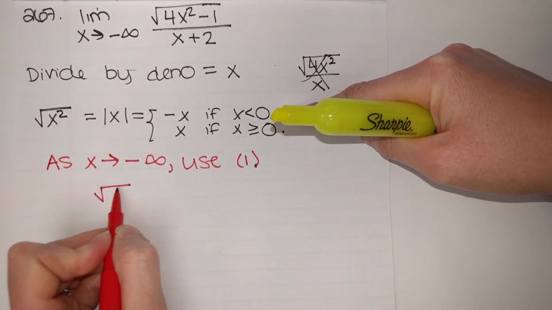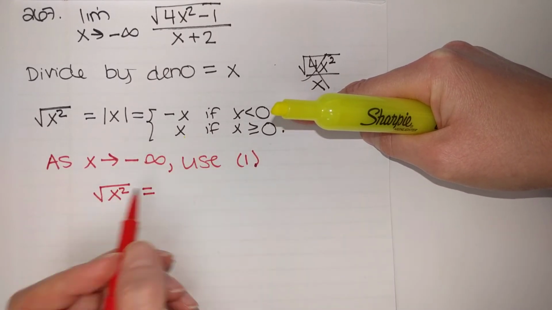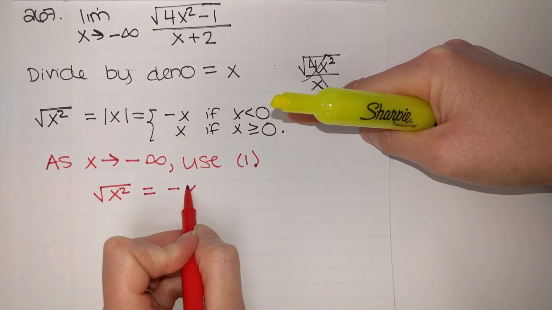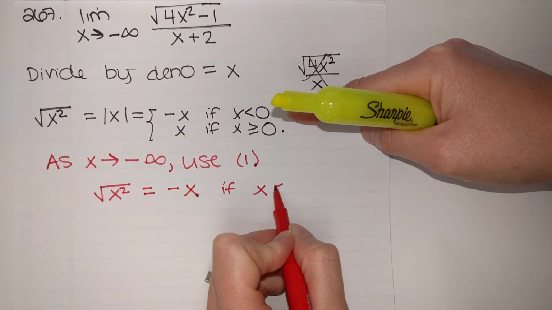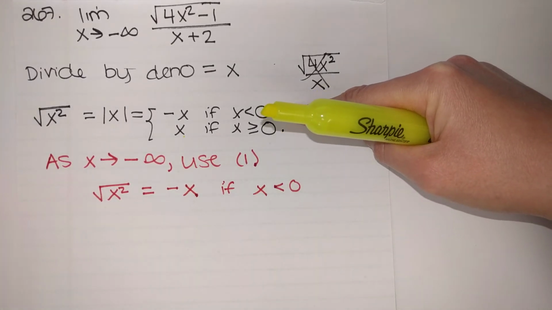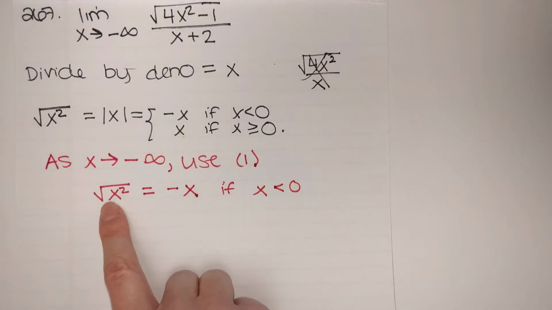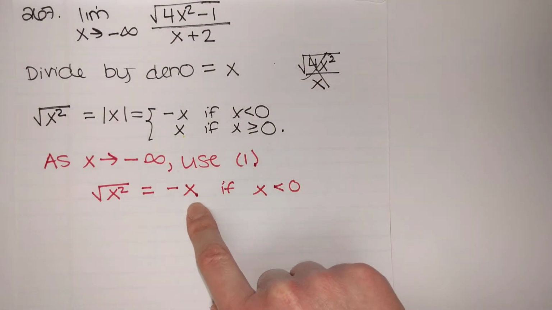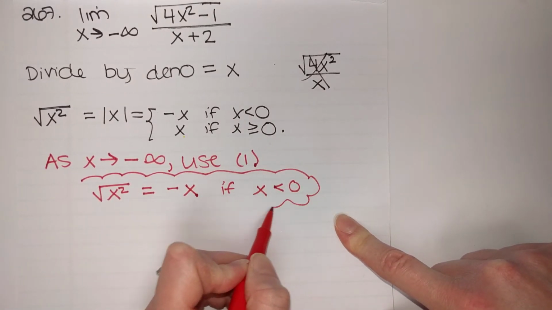So taking the square root of x squared and dividing it by x is going to be the same as using the first piece, which is negative x, and that is if x is less than 0. And of course our x is less than 0 here because we're going towards negative infinity. So the square root of x squared is going to be equal to negative x, and that is our definition of what we are actually going to divide by.